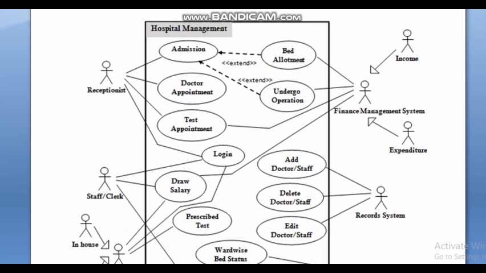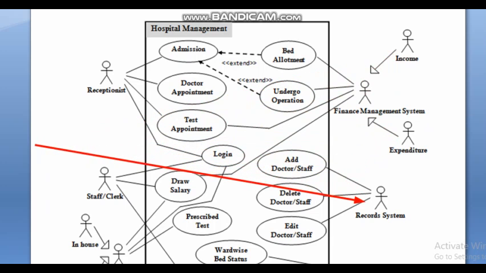We have a person called a receptionist, which is one actor who is interacting with the software. We have the staff or the clerk, and the in-house doctors. Then we have income. Then we have the finance management system. Overall, this finance management system takes care of these two things, that is income and expenditure.